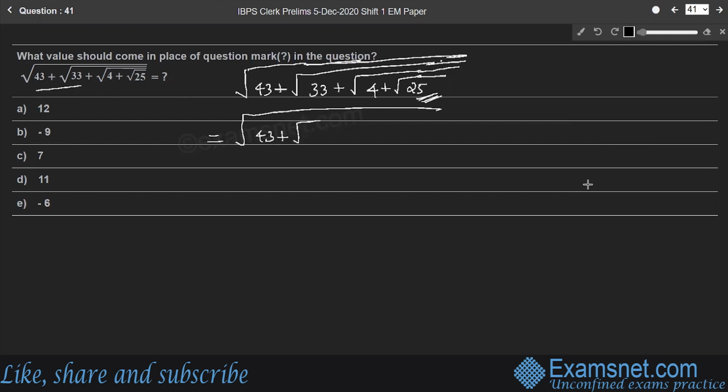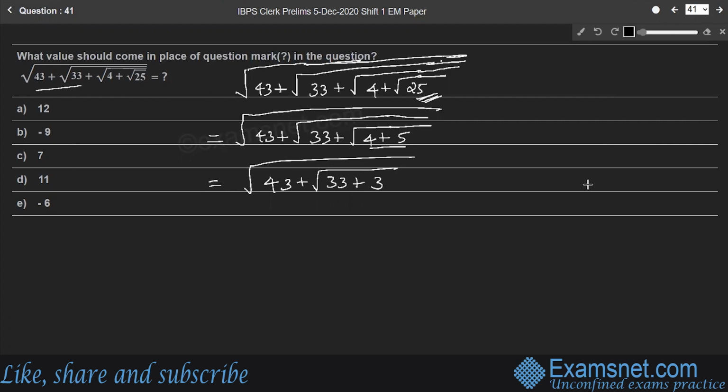Square root of 43 plus square root of 33 plus square root of 4 plus root 25, which is 5, right? Therefore, square root of 43 plus root of 33 plus root of 4 plus 5, which is 9, is 3, right?